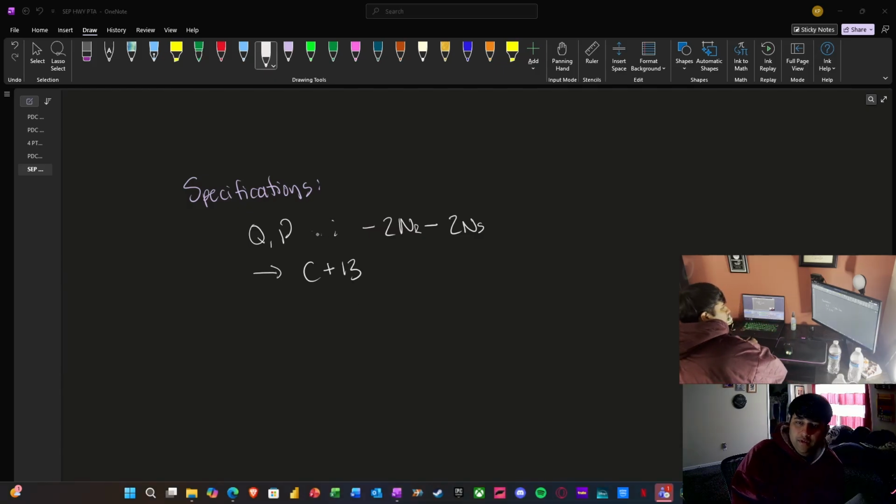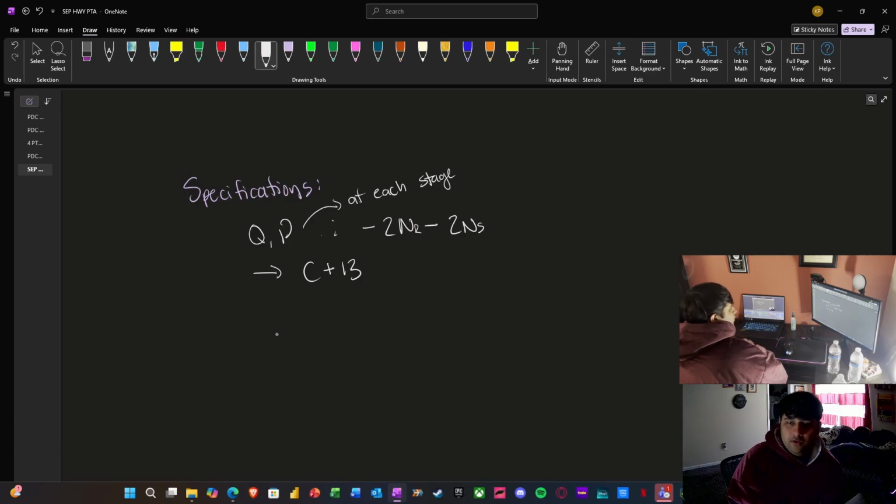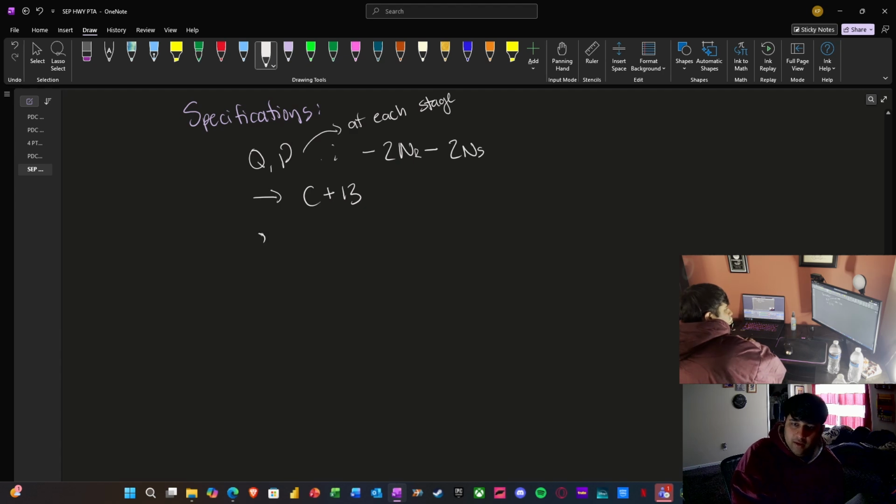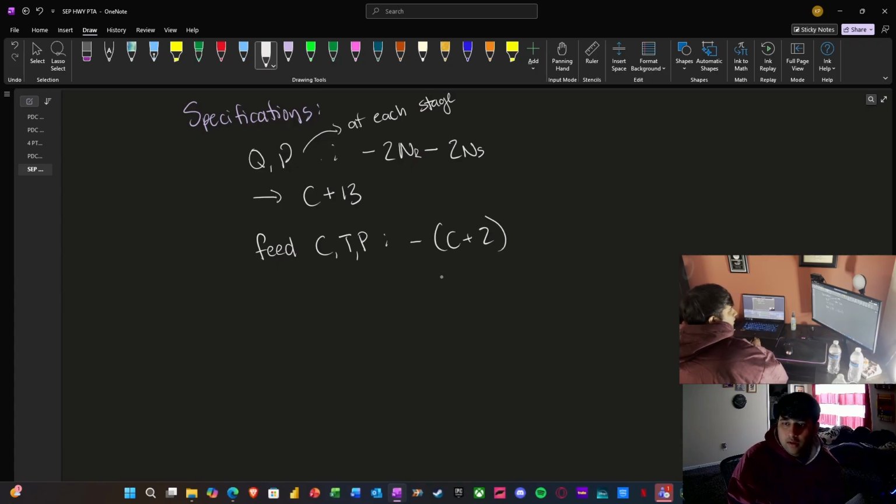We're also considering this at each stage. If we look at the feed in terms of CTP, we're left with negative C plus 2, which if we take out from our degrees of freedom, we're left with 11.